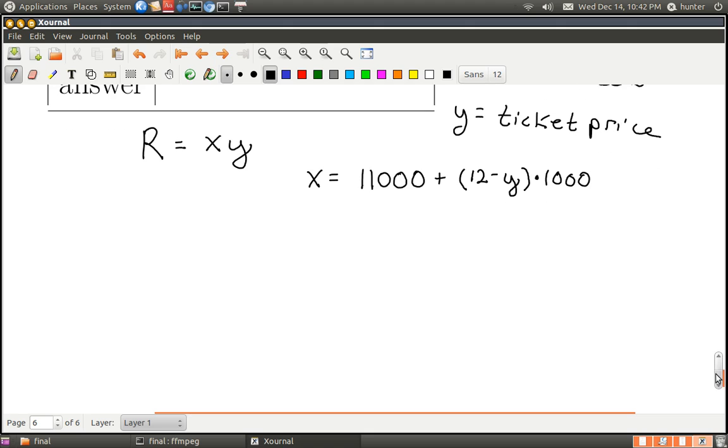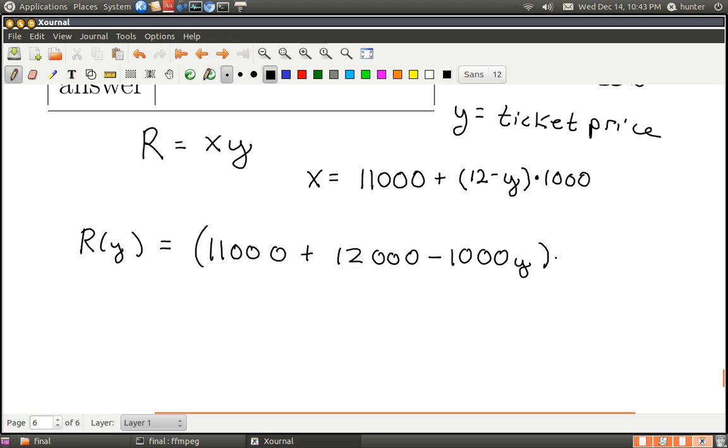Alright, and so now I have an expression. It's just in terms of y. So I can write this function r of y equals x times, no, sorry, I'm doing it wrong. I'm going to write all this stuff in for what x was. So I've got 11,000 plus, let me multiply this in, 12,000 minus 1,000y.